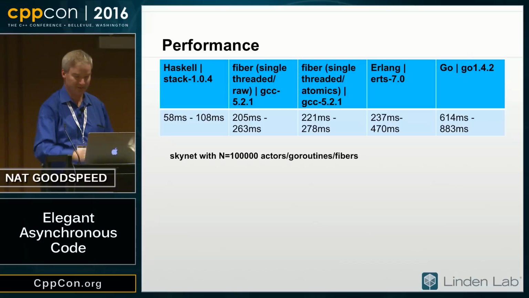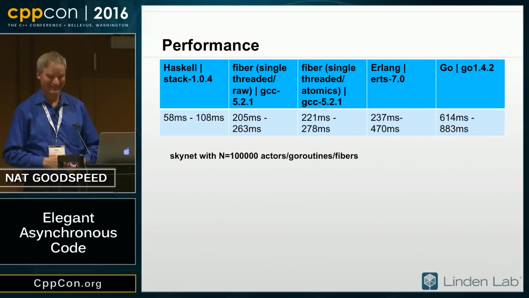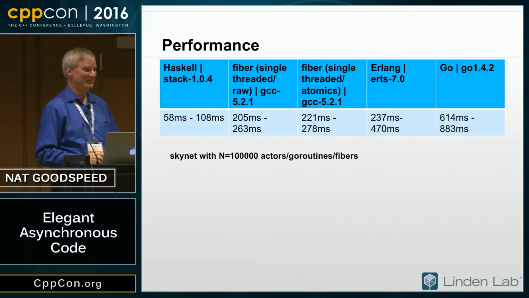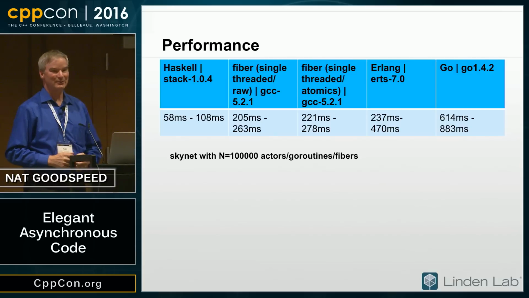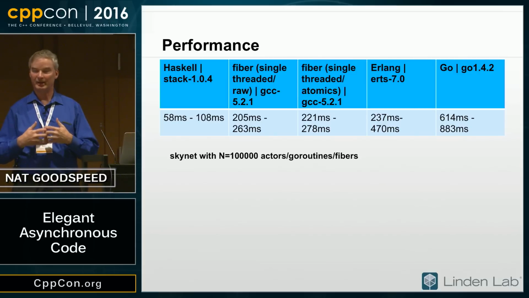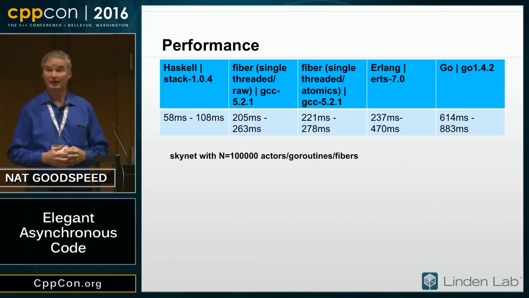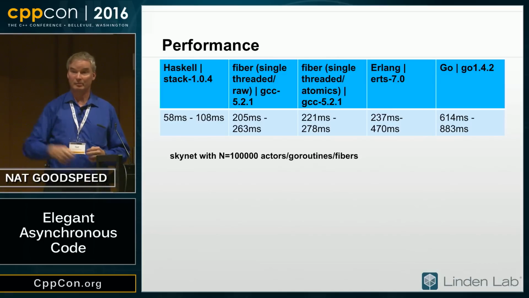Performance comparison. So I don't usually lead with this because for me, fibers are more about maintainability of my code than they are about performance. However, I think the numbers look pretty darn good.